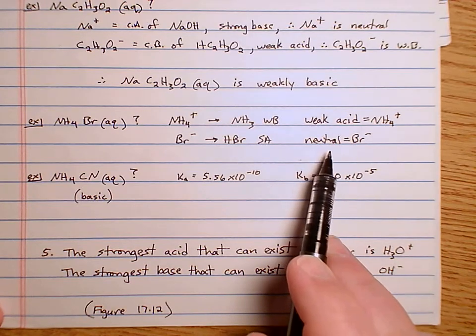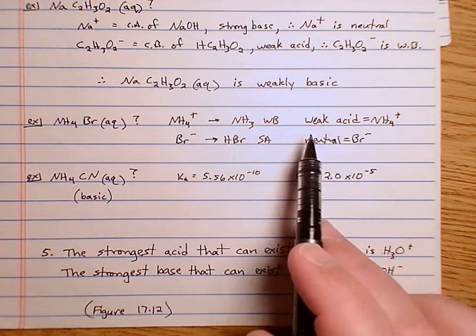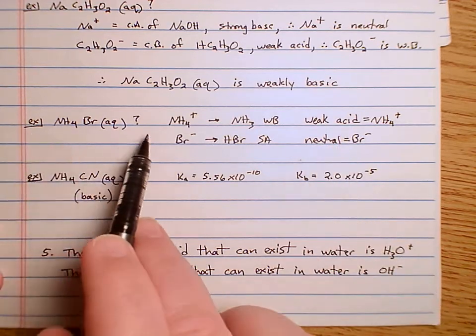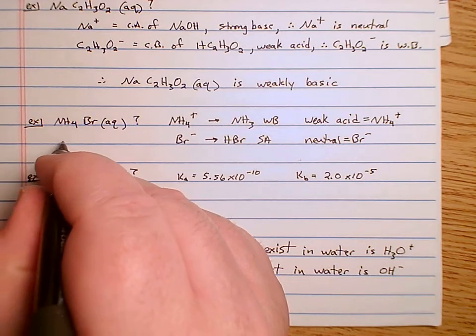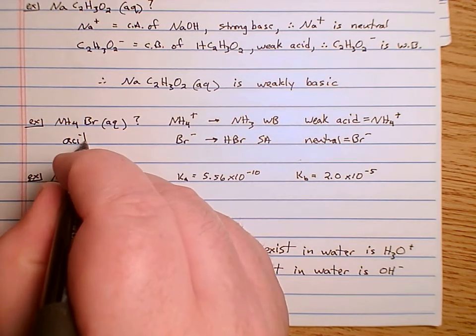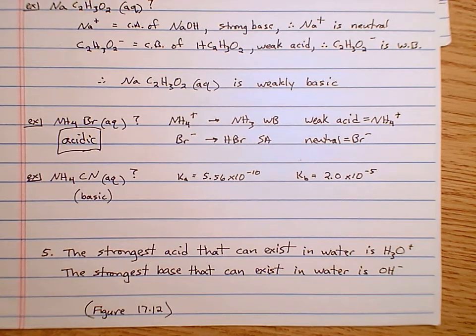So if bromide is neutral, putting it in water won't affect the pH. NH4 plus is a weak acid, which means if you put ammonium bromide in water, the water turns acidic. The water is a little bit more acidic because the NH4 plus is going to release some protons into water.